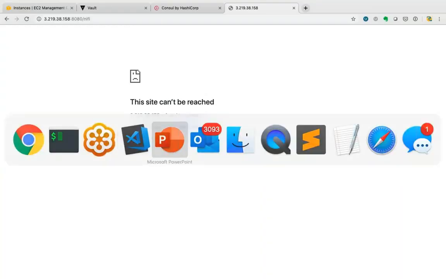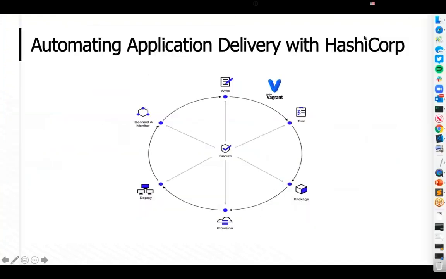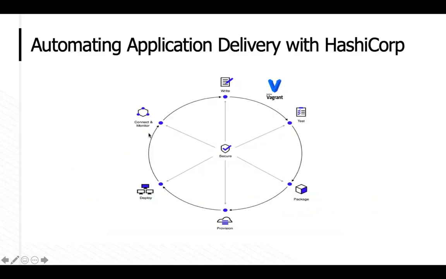The next piece is the packaging component. In packaging, there's a product called Packer. Packer's purpose in life is to take what you've already built in your test dev environment, package that, and take code and make an artifact out of it. What do I mean by an artifact?